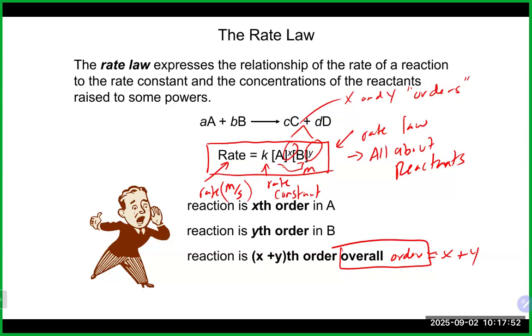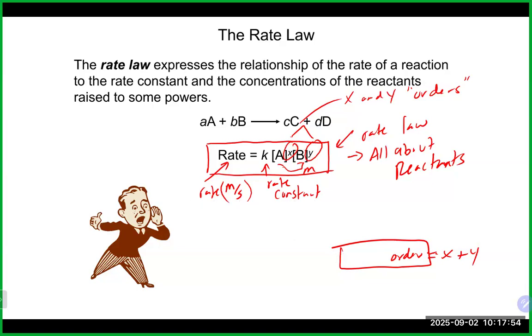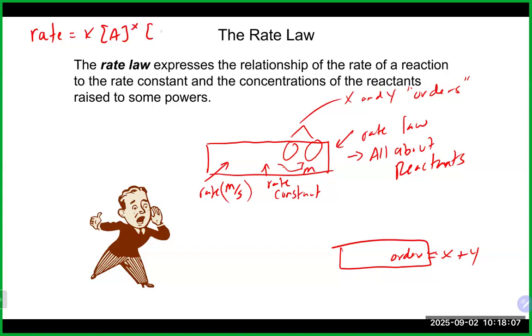So, for example, if we look at the rate law, let's just say we did have that rate law there. The rate is equal to K, A to the X, and B to the Y, right?